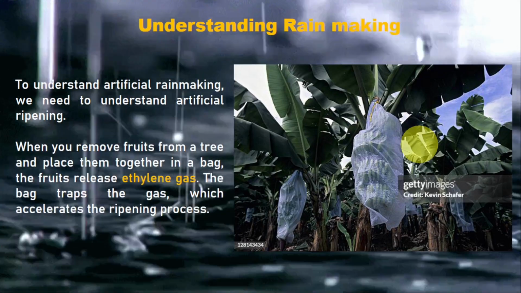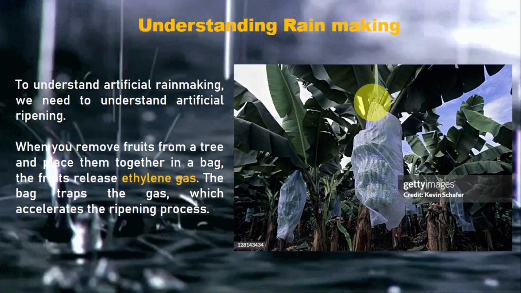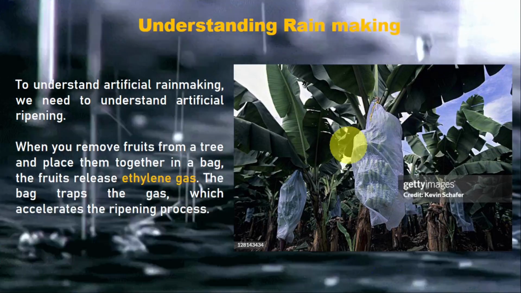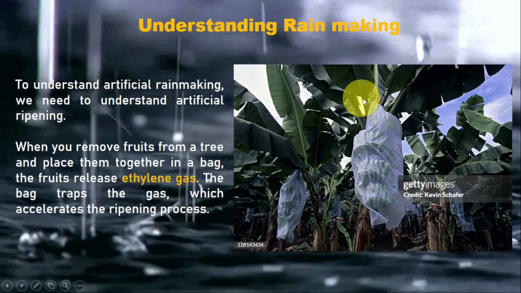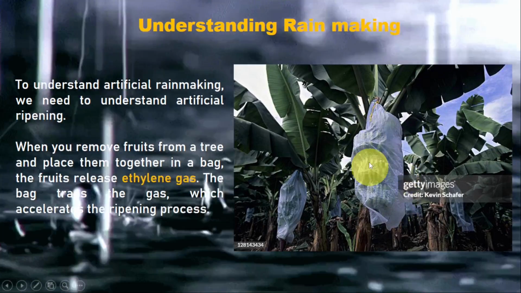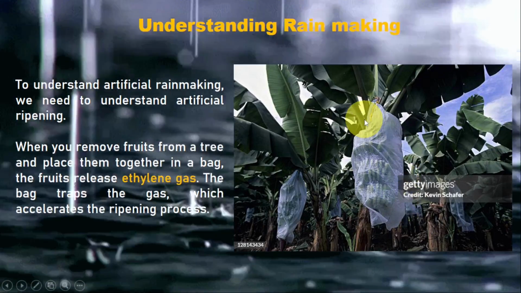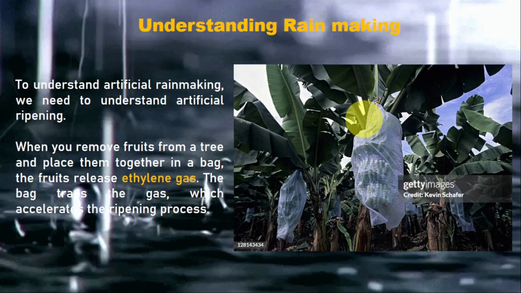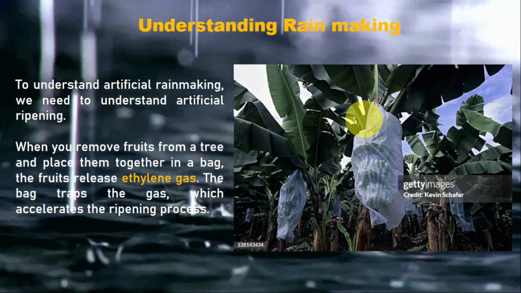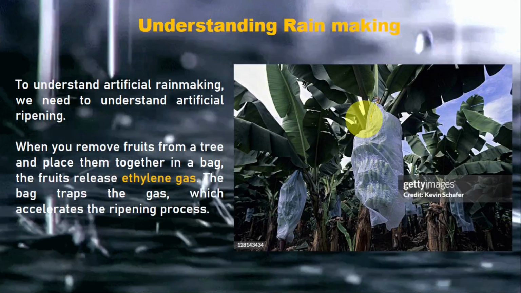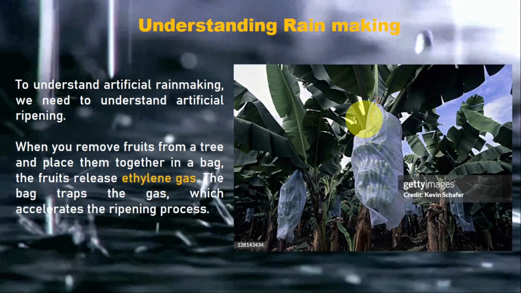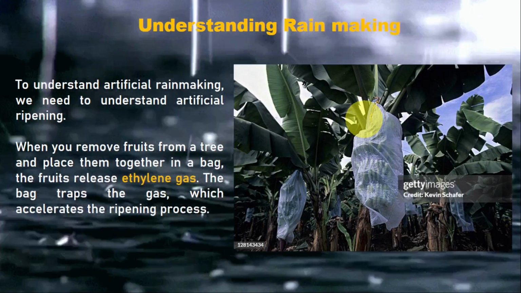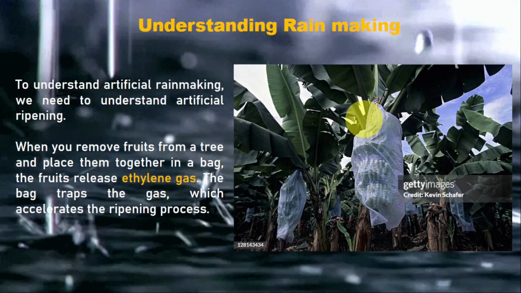But if you want it quickly, you can enclose it in a bag, or you can even remove it from the tree and enclose it in a bag. When you do that, you will discover that it's going to take just a few days to ripen. So by doing that, you are accelerating the ripening process.